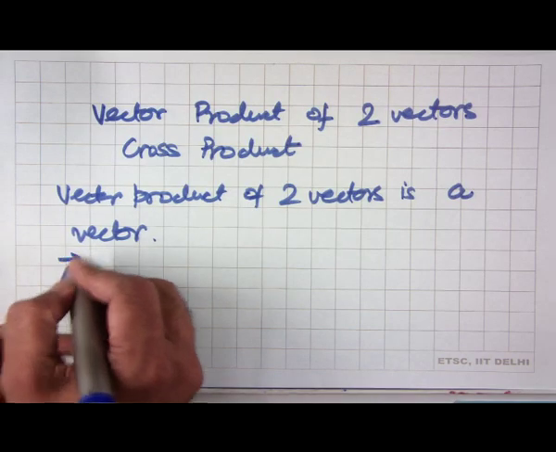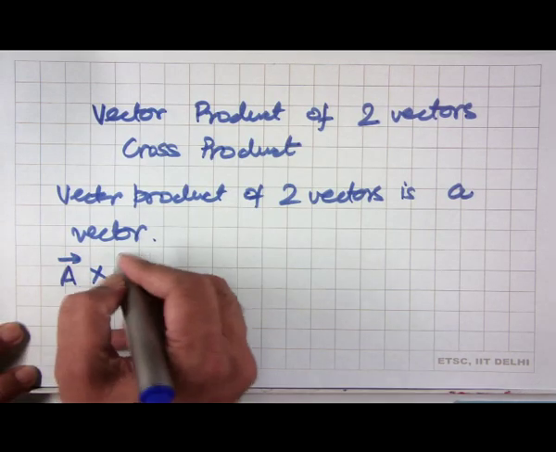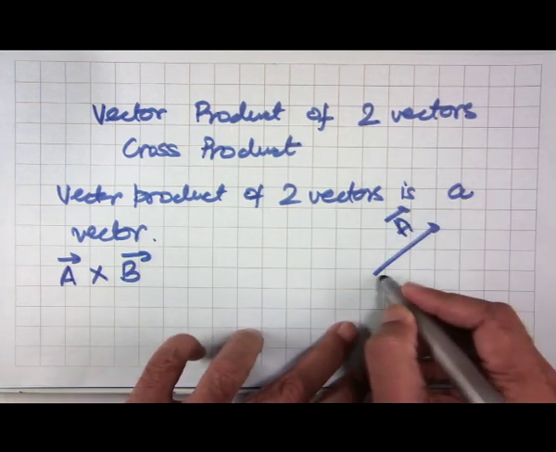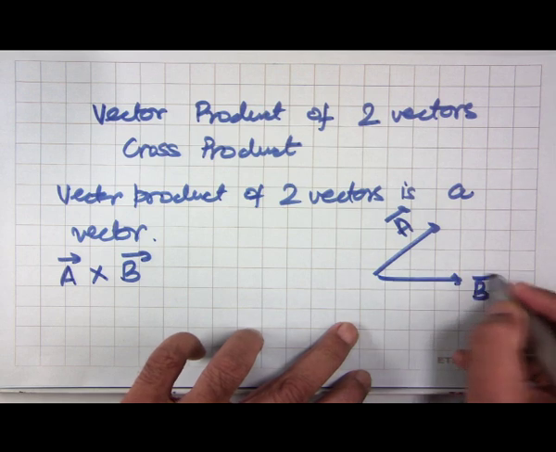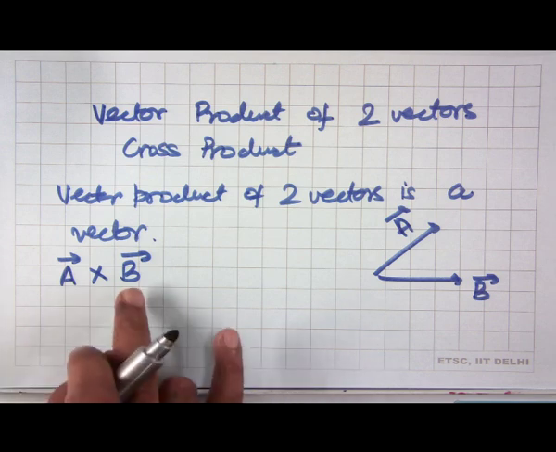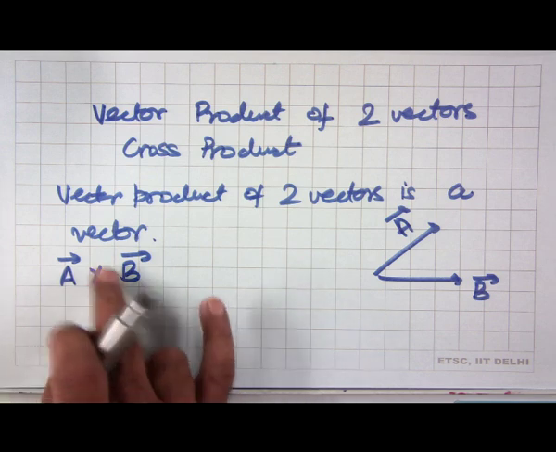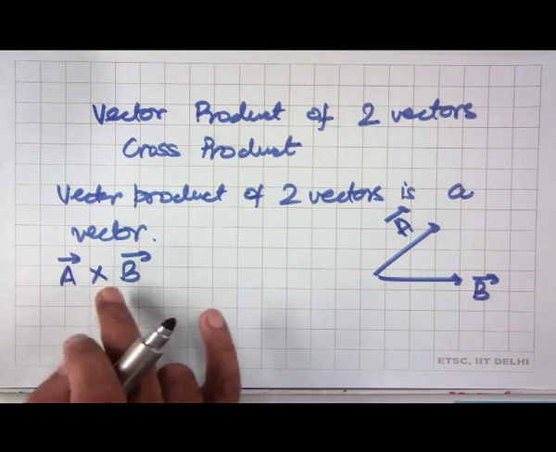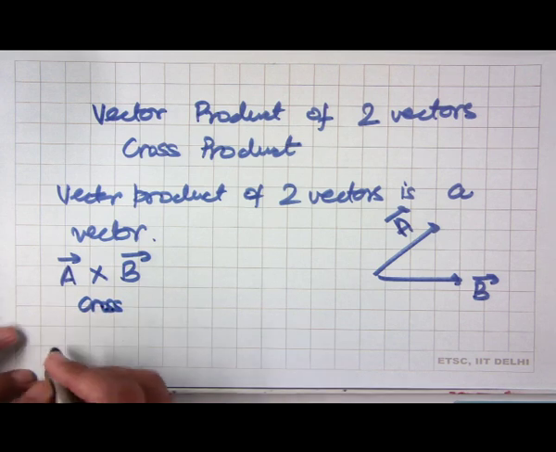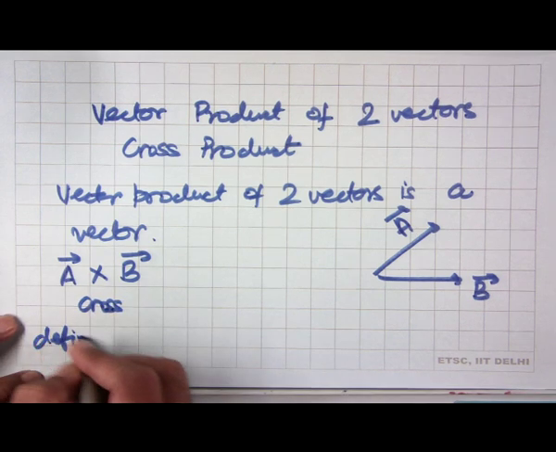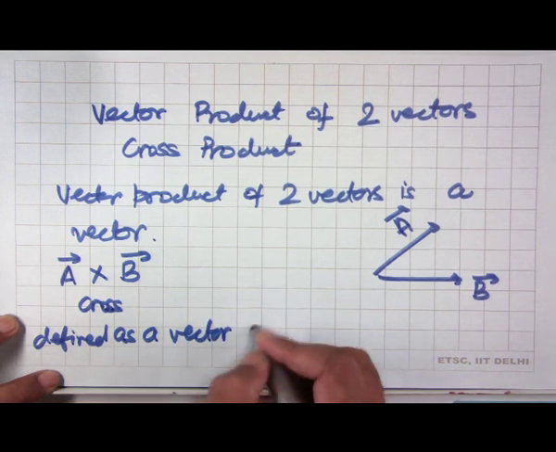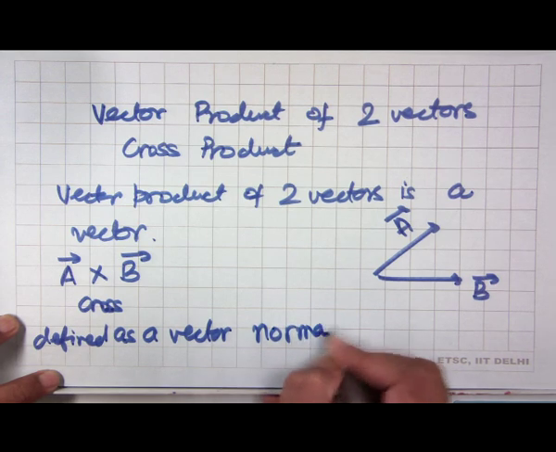Now, how do we write this? Suppose I have two vectors A and B, the same vectors as before. We define a product for which we use the symbol x, or cross, A cross B. This is defined as a vector, and first we give its direction.